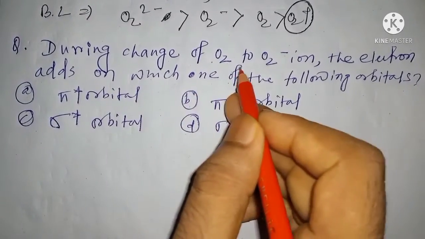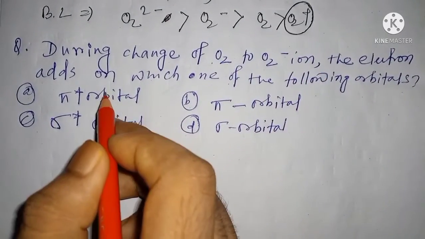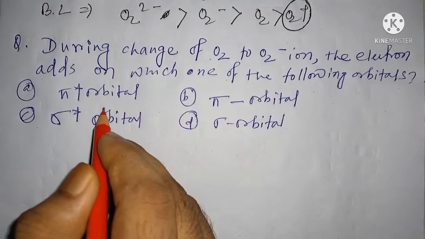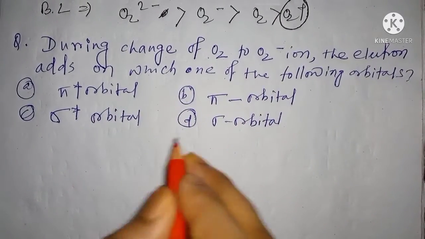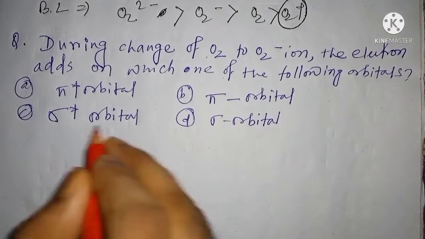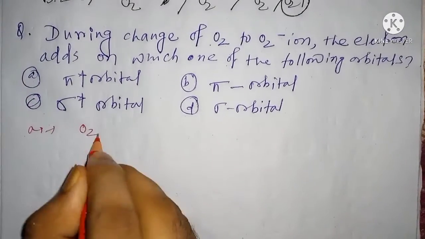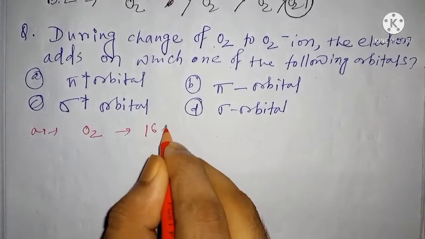During change of O2 to O2- ion, the electron adds on which one of the following orbitals? π* orbital, π orbital, σ orbital or σ* orbital. Now in case of O2, this is a 16 electron species.